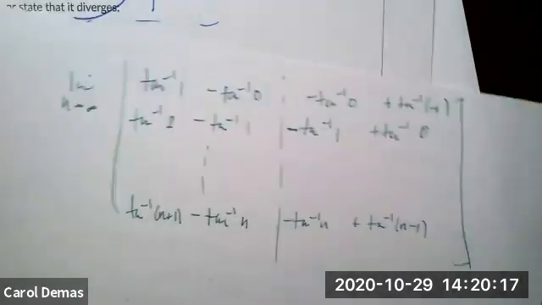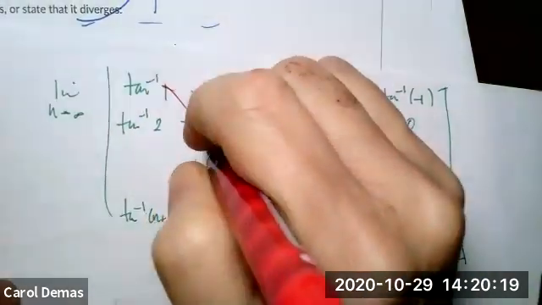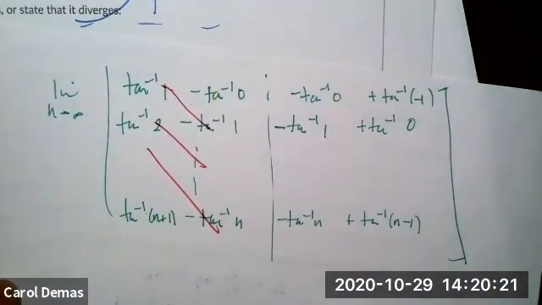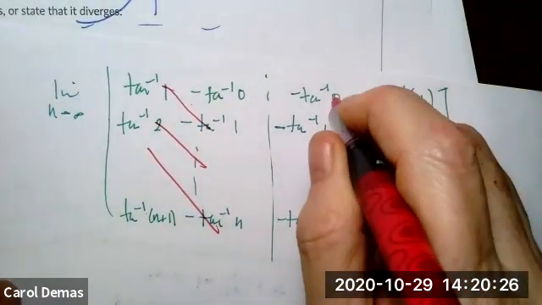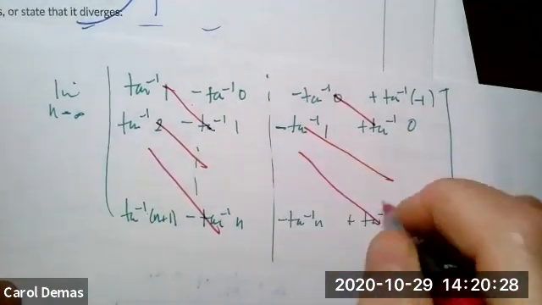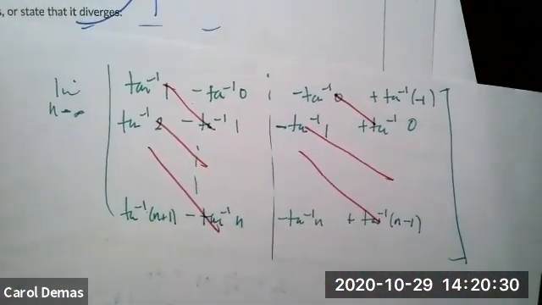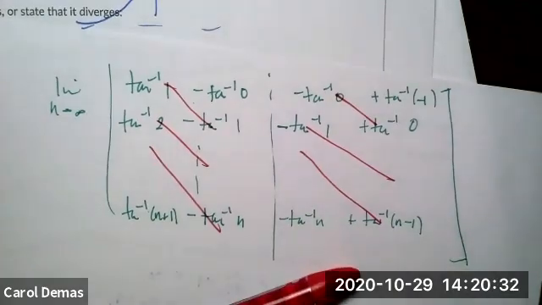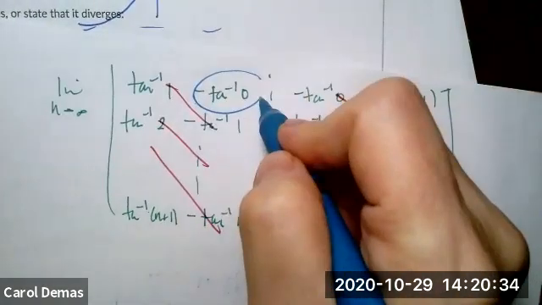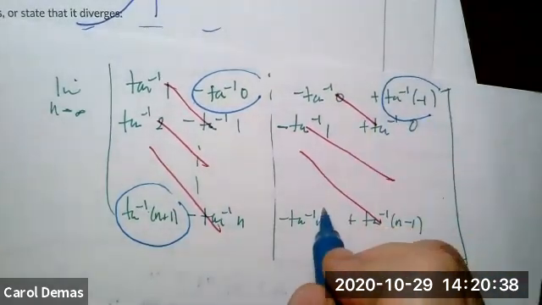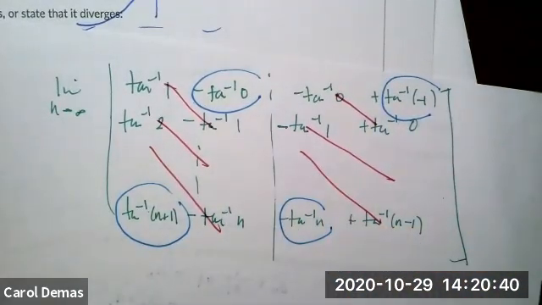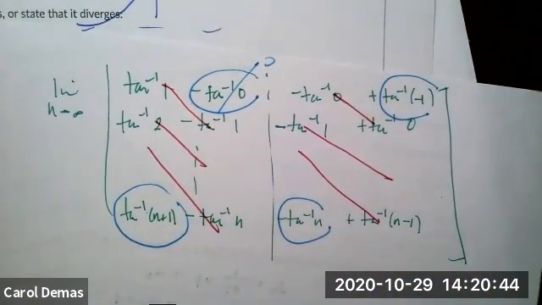Now we're going to cross out these diagonals, and we're going to cross out these diagonals. And what are we left with? This one, this one, this one, and this one. And this one goes to 0, so we don't need to consider it.